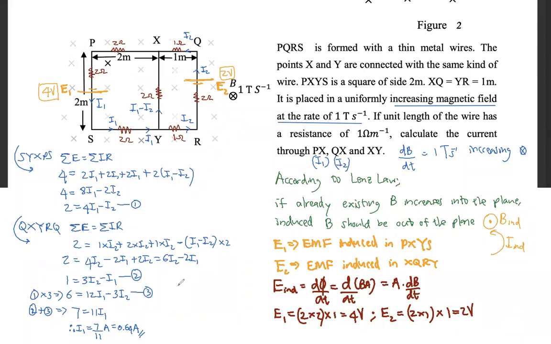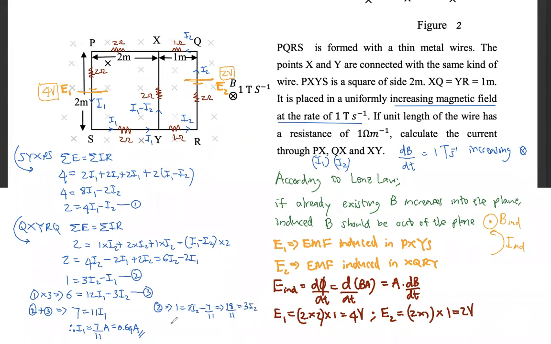I1 we know. Let's apply that in the second equation. 1 equal 3I2 minus 7 over 11. So I2 is going to be equal to, this goes to the other side, 18 over 11 equal to 3I2.